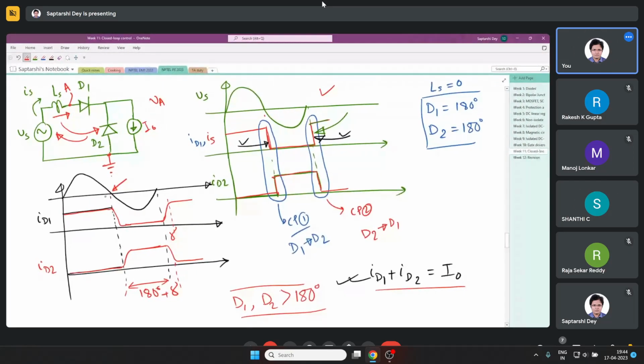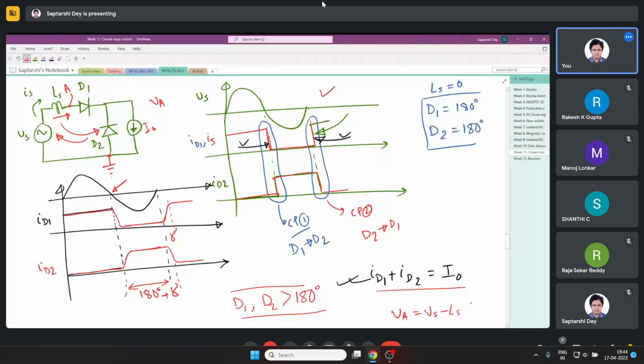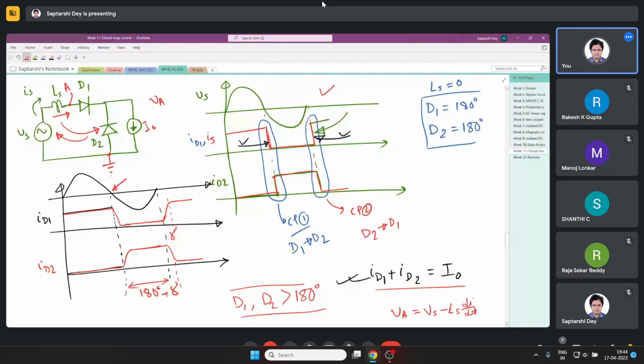At this point D1 was conducting and D2 was off. So VA was Vs minus Ls di dt, right? And this current source current is a constant, right?